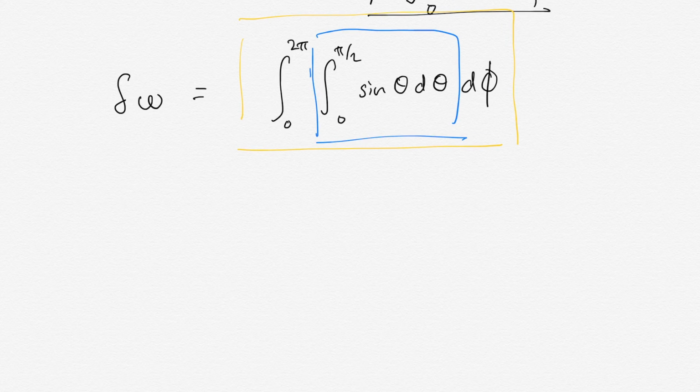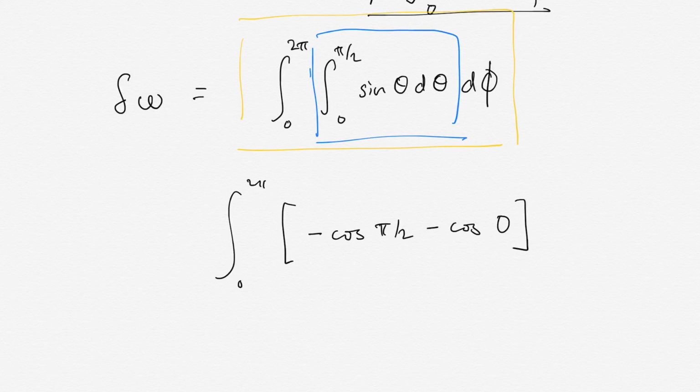So it integrates to cos pi over 2 minus cos 0, and then the integral at the outside, and another term here.